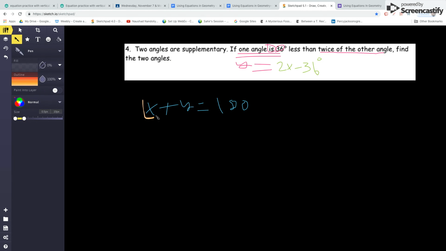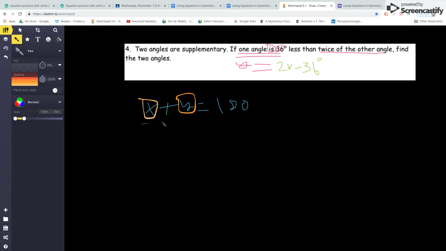We don't know what x is, but we know what y is as an expression, because it says one angle is 36 degrees less. We don't know y as a solid whole number. So we'll substitute y as an expression into this.